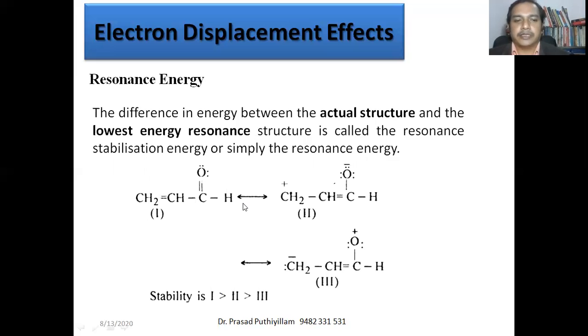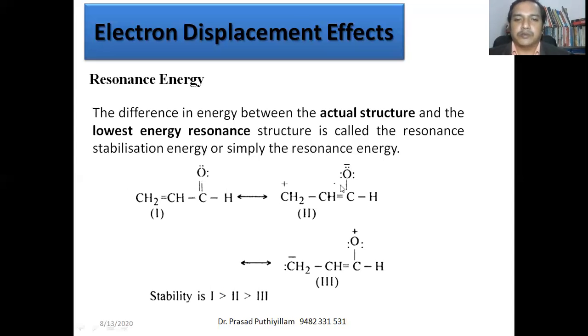Here one example is given to represent the stability. An aldehyde molecule can also be represented with a double bond here. Because of the presence of the double bond, when these bonds break, this pi bond can shift. Therefore electron movement is possible, because here again it is alternate single and double bonds.